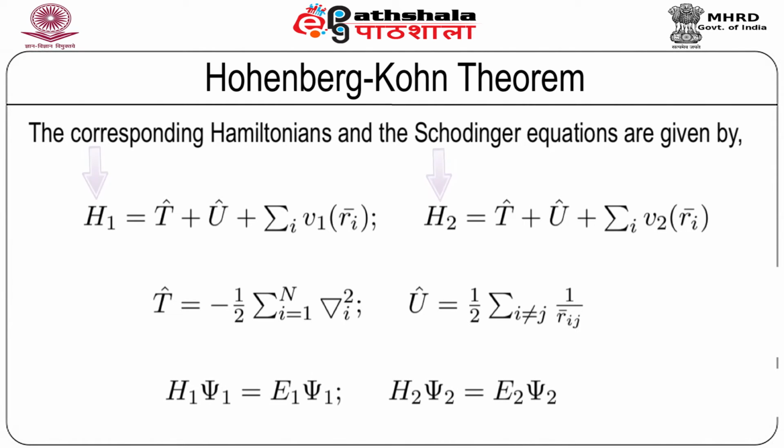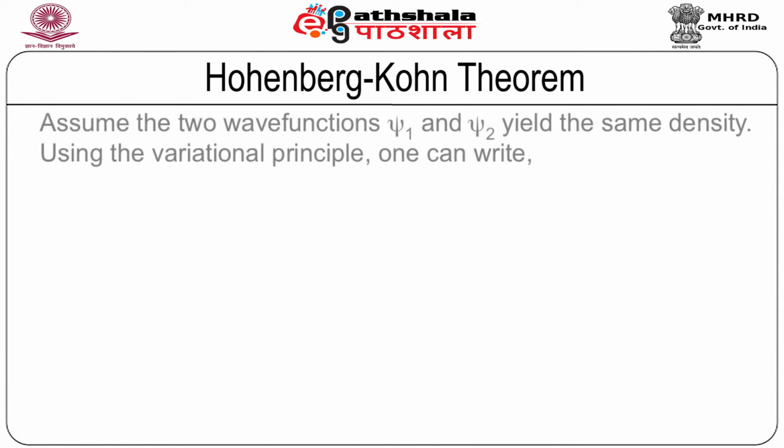We thus have these Schrödinger equations, H1 psi 1 equal to E1 psi 1 and H2 psi 2 equal to E2 psi 2. We assume that the two wave functions psi 1 and psi 2 yield the same density.